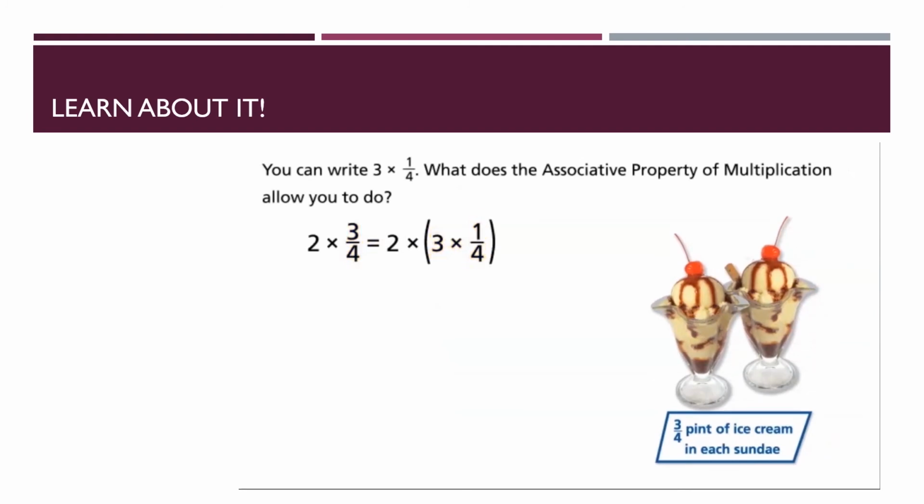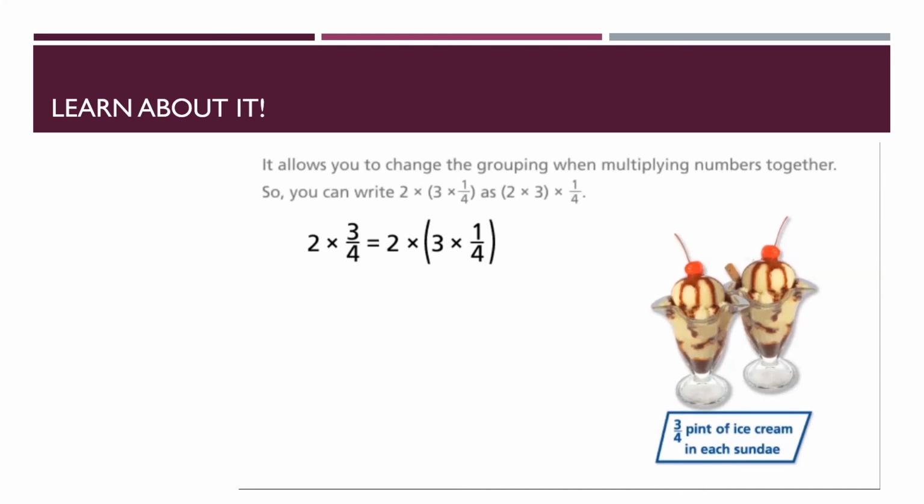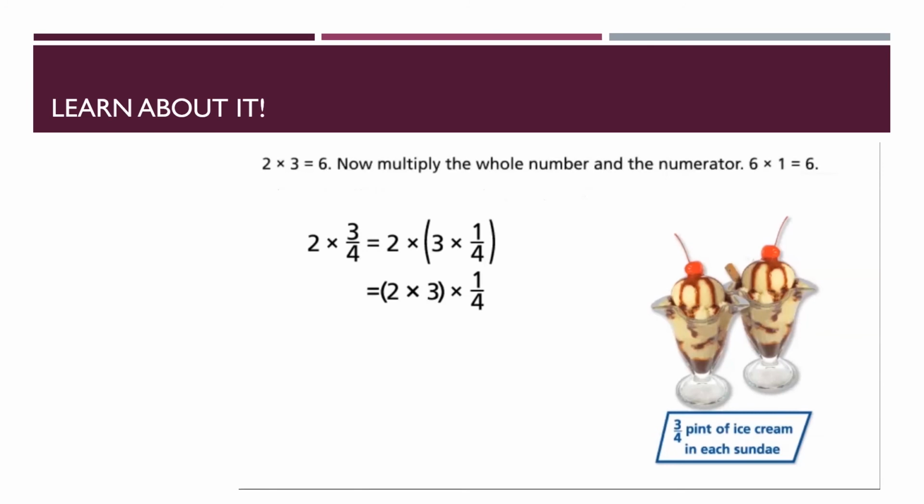What does the associative property of multiplication allow you to do? It allows you to change the grouping when multiplying numbers together. So, you can write 2 times open parenthesis 3 times 1/4 close parenthesis as open parenthesis 2 times 3 close parenthesis times 1/4. 2 times 3 equals 6.